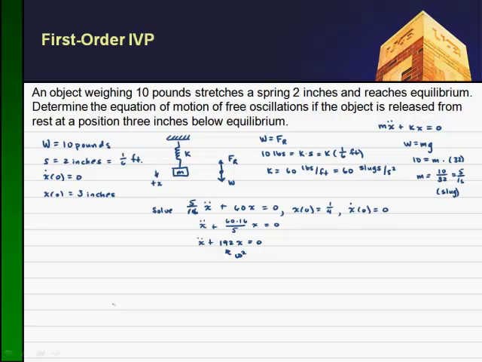This value is my omega squared, the square of my angular frequency, which is the square root of k over m. So omega must be the root of 192. The solution is x of t equals c1 cosine of omega t, which is root 192 t, plus c2 sine root 192 t.